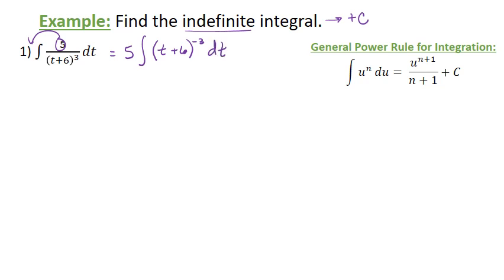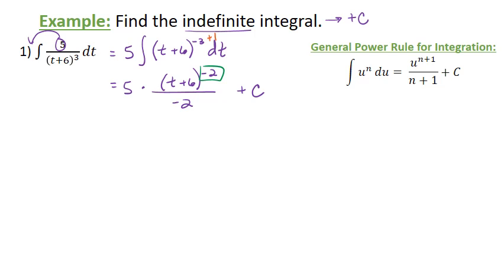So now applying this rule, I still have that 5 times this here. I'm going to add 1 to the exponent. So this becomes the quantity t plus 6 to the negative power of 2 over negative 2, and then there's that plus c. It would be nice to rewrite this so that we don't have a negative exponent.